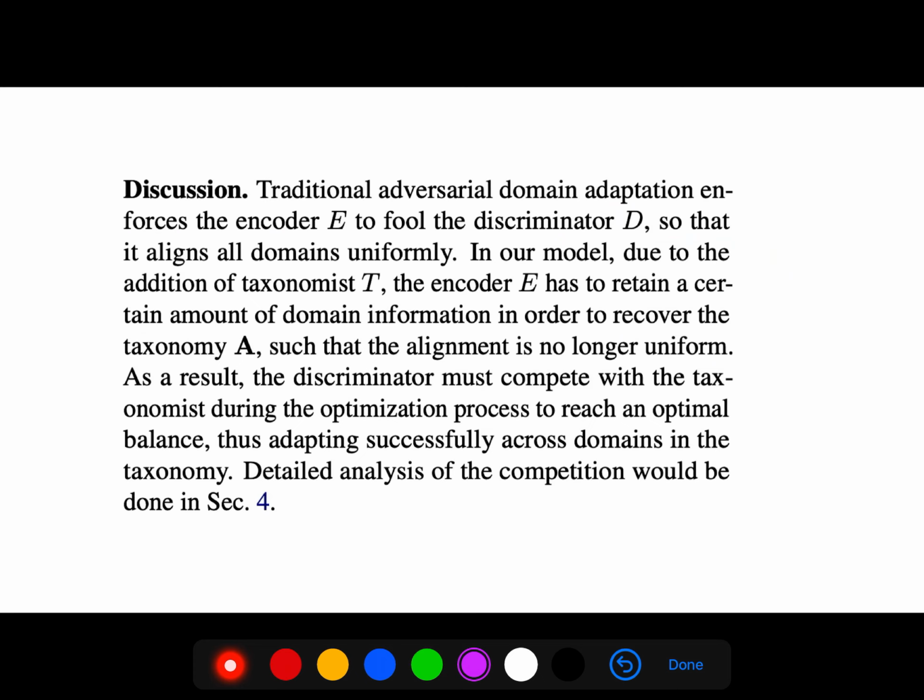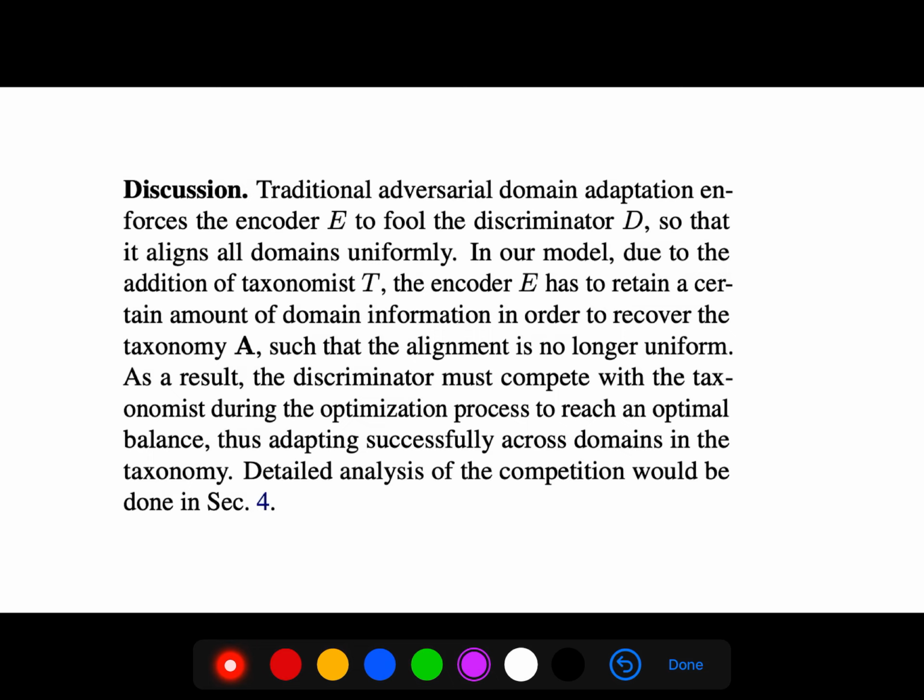Traditional adversarial domain adaptation enforces the encoder to fool the discriminator so that it aligns domains uniformly. In our model, due to the addition of taxonomies, the encoder has to retain a certain amount of domain information in order to recover the taxonomy, such that the alignment is no longer uniform.